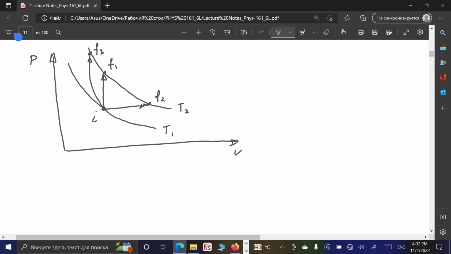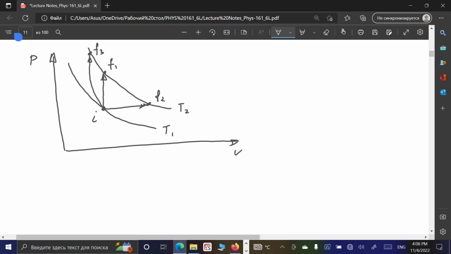So since these processes are different, they result in the same change of internal energy, but in terms of amount of heat transferred and work done, they are different. So let us consider, first of all, two processes which are of our interest.